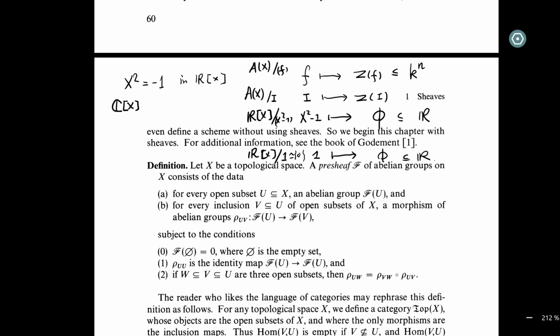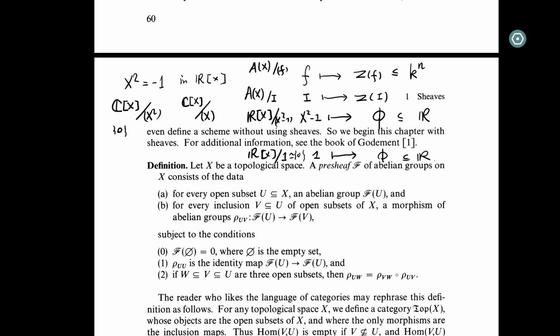For example, this one and this one, they are very different in the algebraic sense. This is not reduced to this. But you see, geometrically they are the same, just the zero element itself.